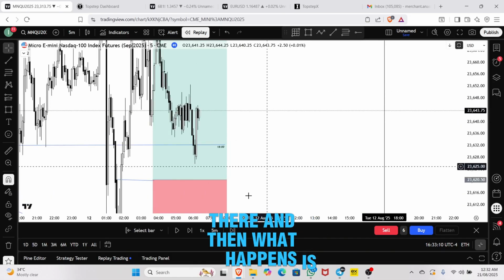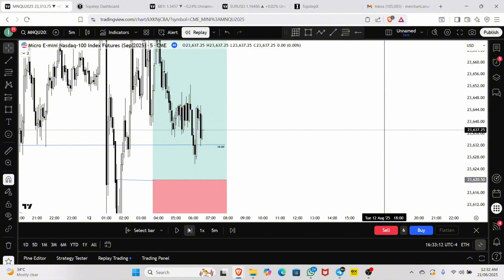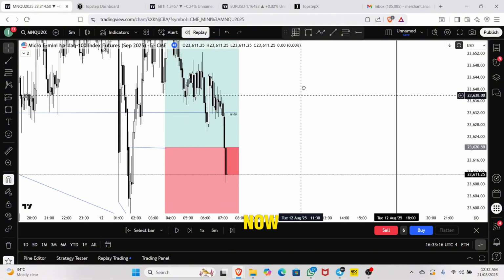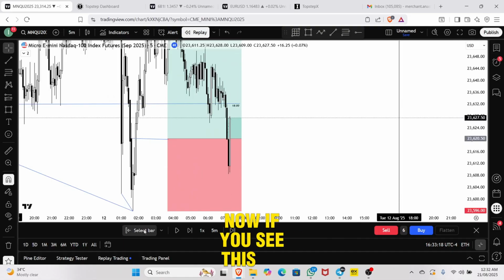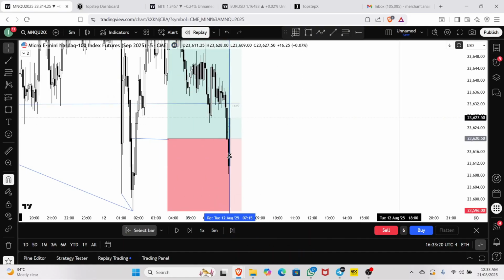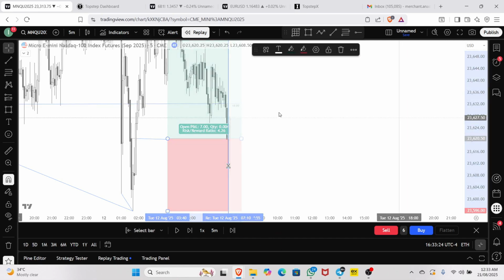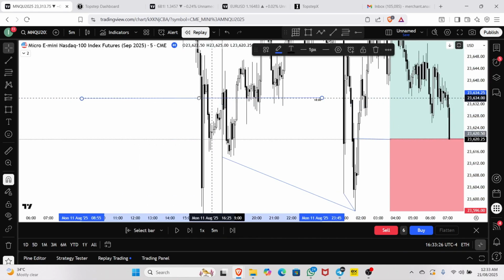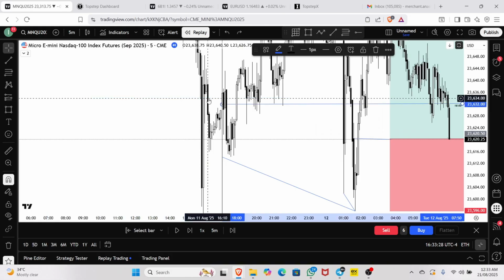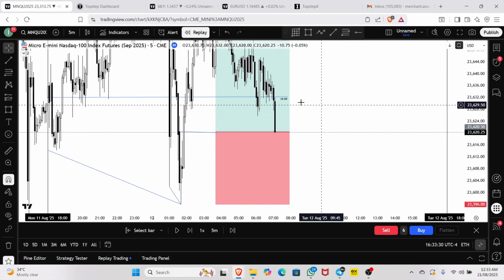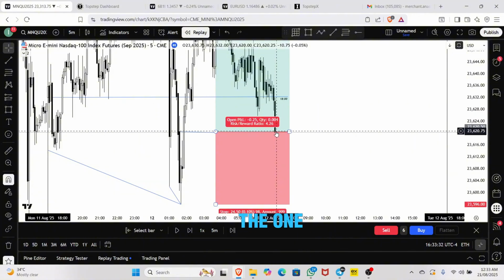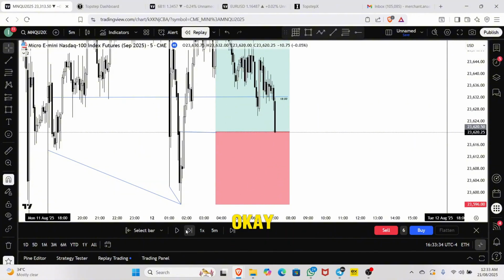And then what happens is, bam. Now if you see this candle right there, this one single candle, this was the one which took me in the trade.